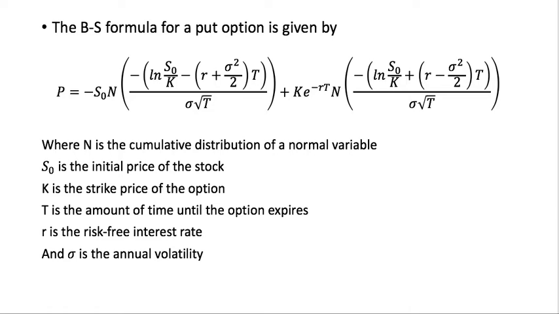That would be the value of N of the parentheses. And then S0 is the initial price of the stock, K is the strike price, T is the amount of time till the option expires, r is the risk-free interest rate, and sigma is the volatility.